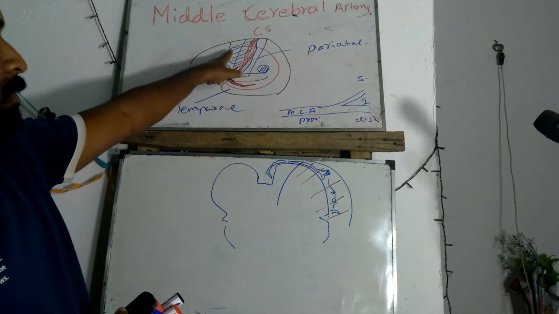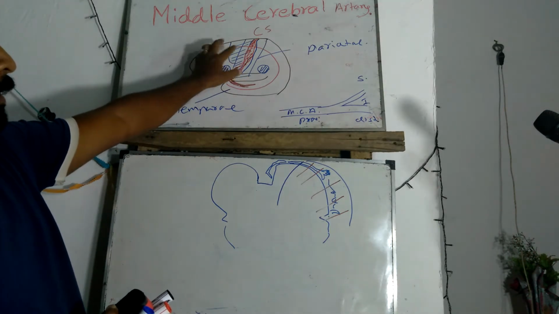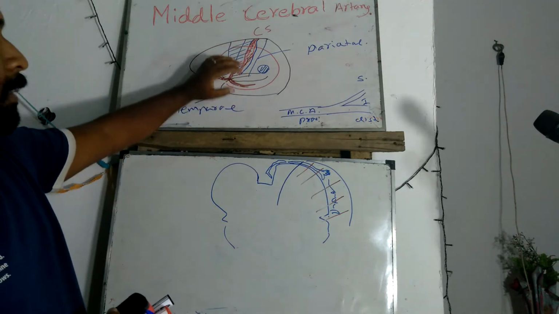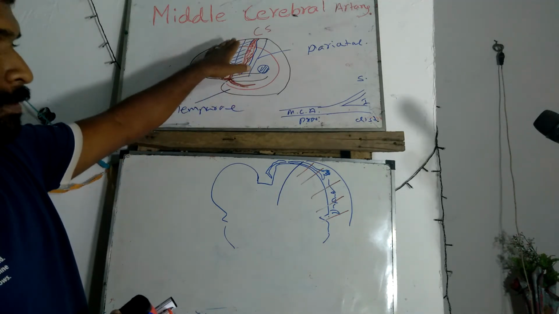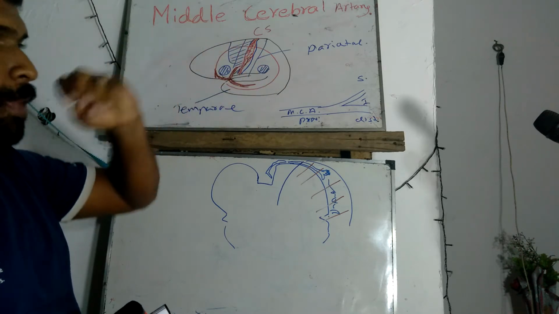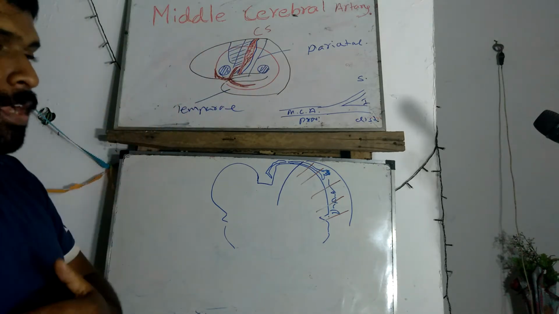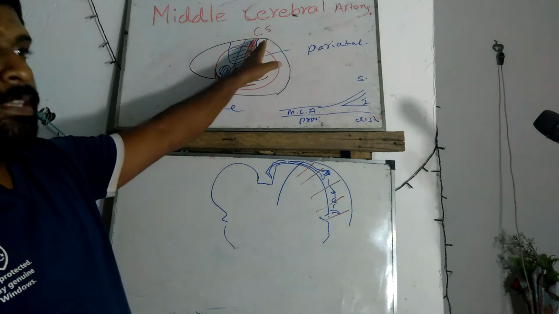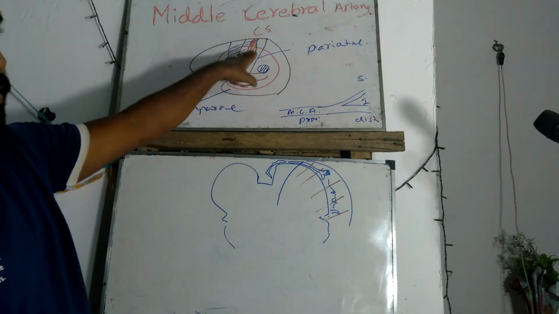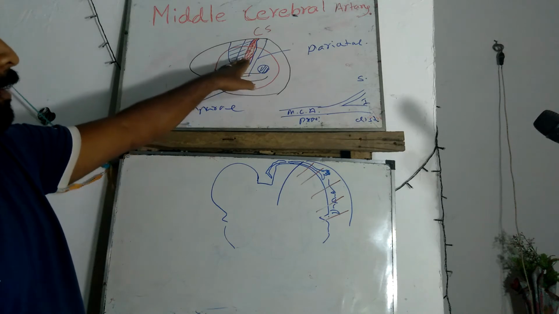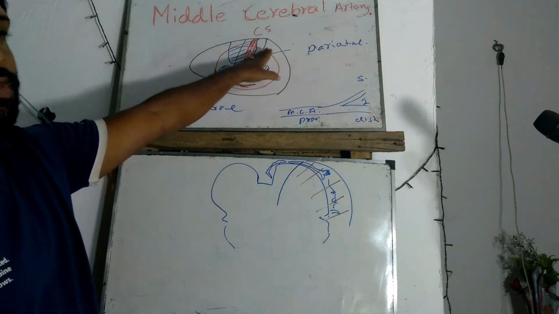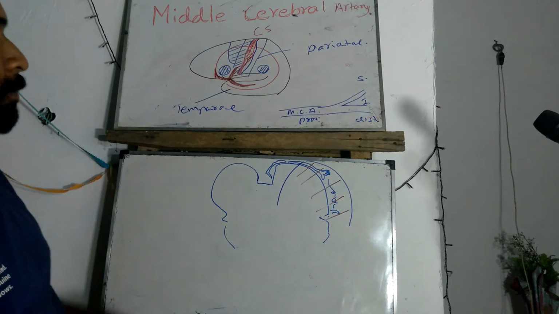Premotor area, supplementary motor area, both connect the motor area of the face, leg, mouth, neck, trunk, and upper limb. Sensory area, somatosensory area, the primary somatosensory area also.